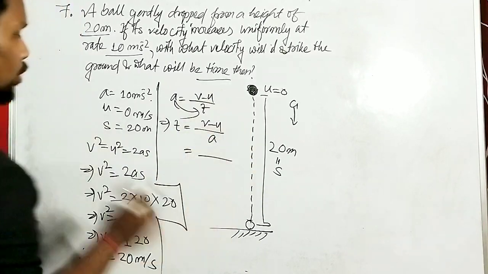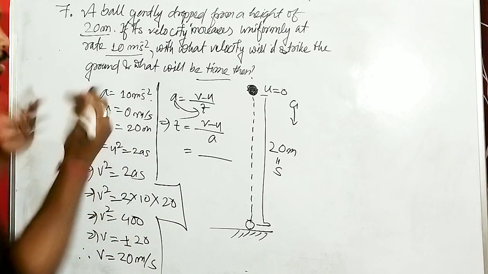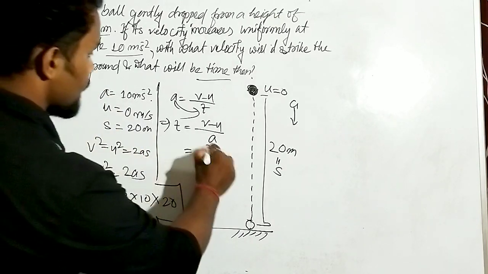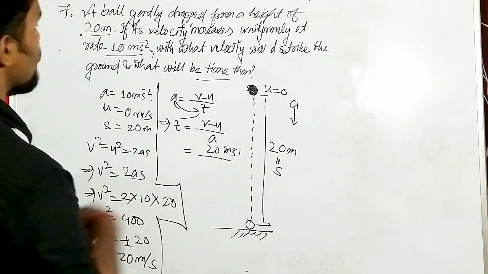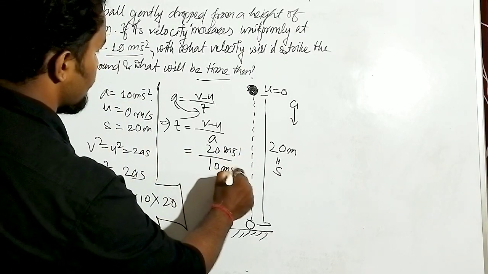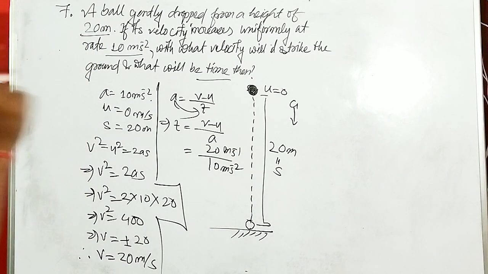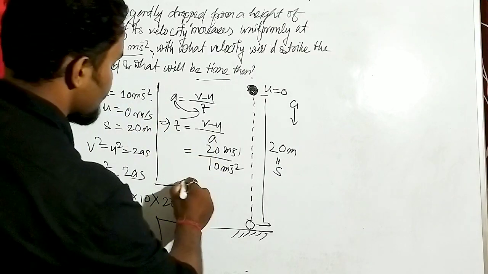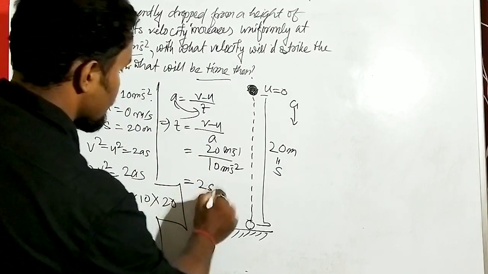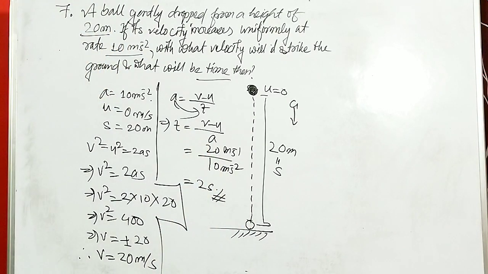Here u is 0, so we don't need to write it. We have v as 20 meter per second and acceleration as 10 meter per second square. The meters cancel out, and between the second inverse terms only 1 second remains, so it will be 2 seconds. Quite a simple question. Just write this down, then we'll move towards our next question.